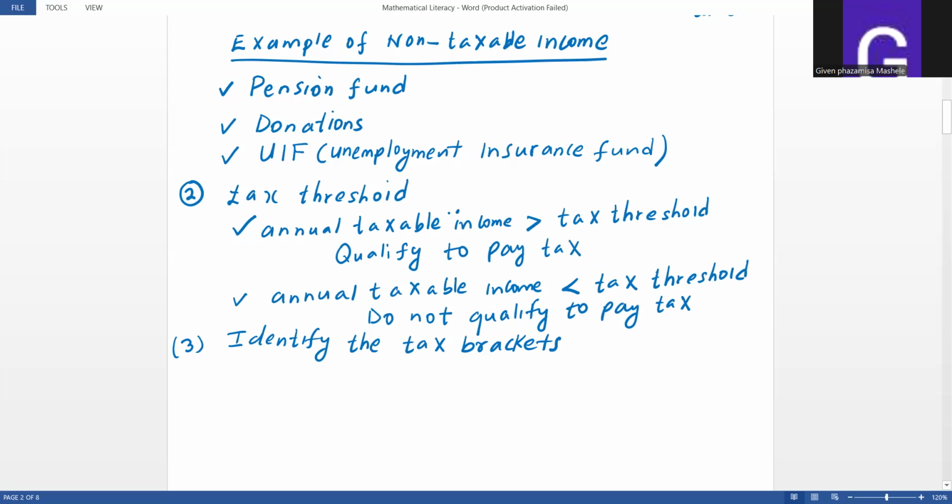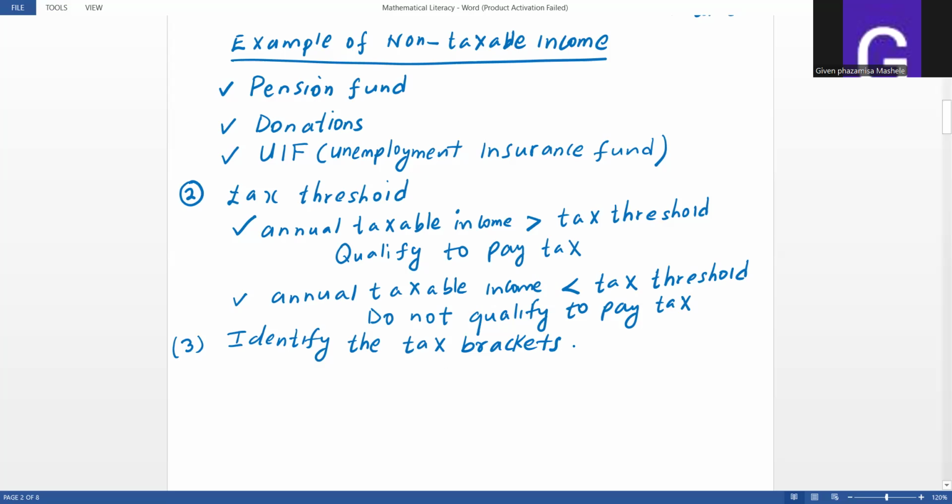Because the tax table is set by the South African Revenue Service on an annual basis. So it's an annual tax table, not monthly.